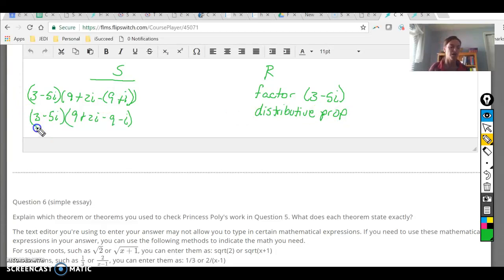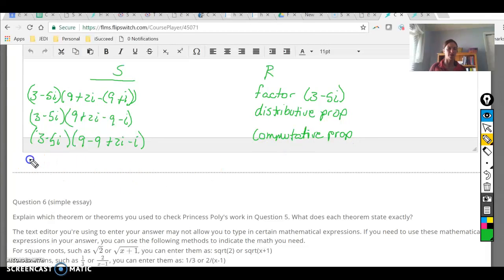Okay, (3 - 5i), and I am going to rearrange: I'm going to say that this is 9 - 9 + 2i - i. This is the commutative property, where you can rearrange.